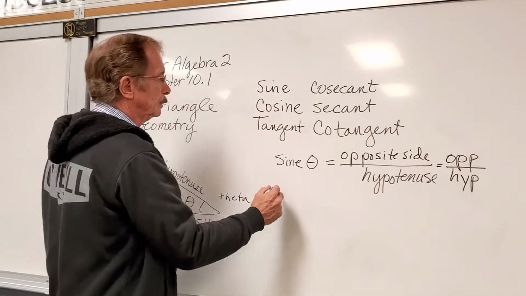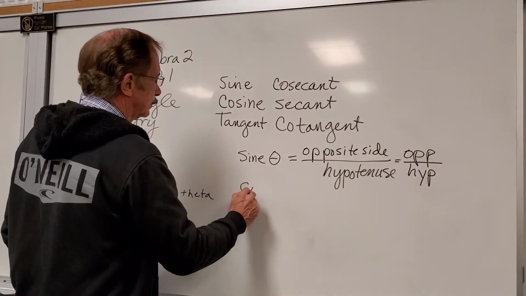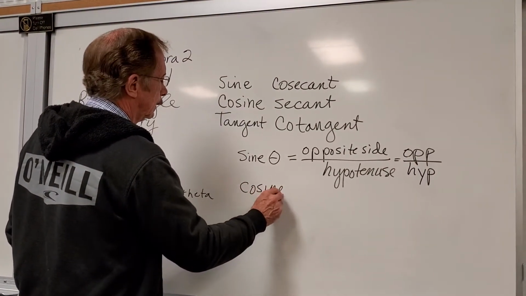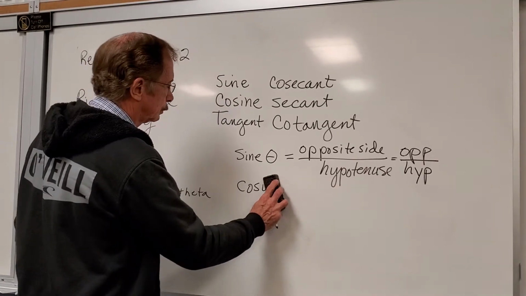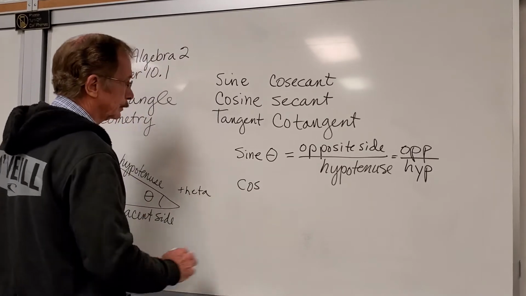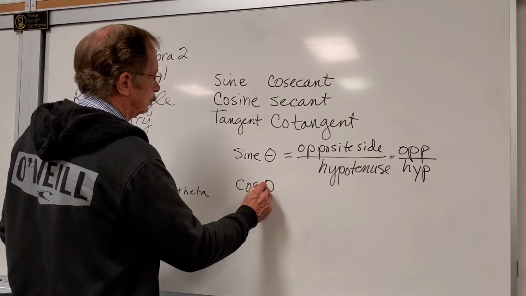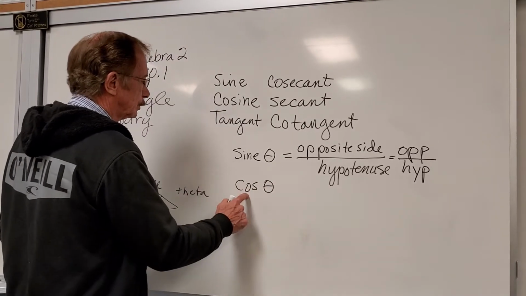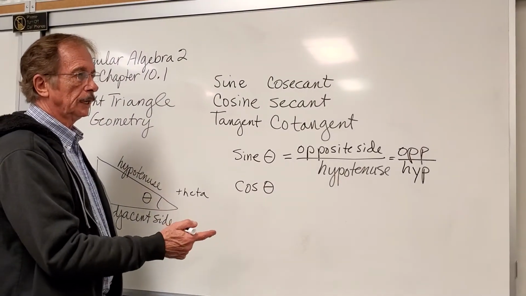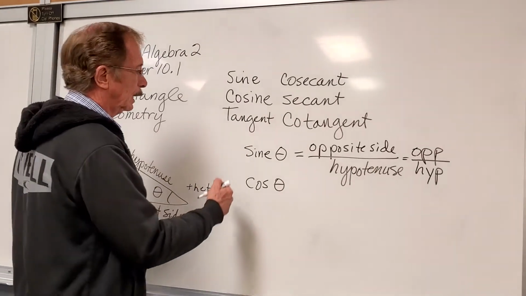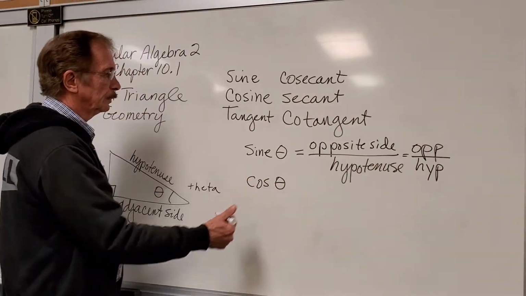Now we're going to go to this one. However, instead of writing the word cosine of theta, we're going to allow you to write these three letters and then put this in. And it's still called cosine of theta. Don't say cos of theta. Actually tell me what it is, cosine of theta.